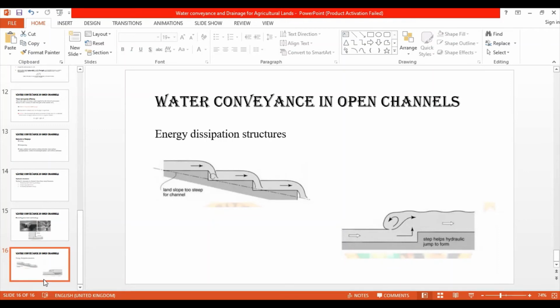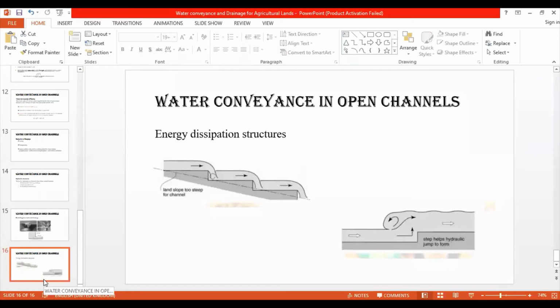And if you have created a lot of steps, the water energy will be continuously reducing, and you save your channel from being eroded.